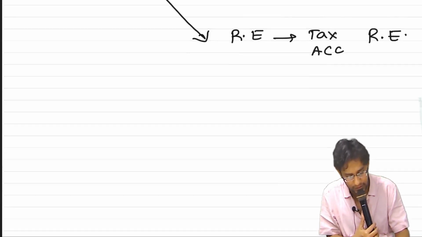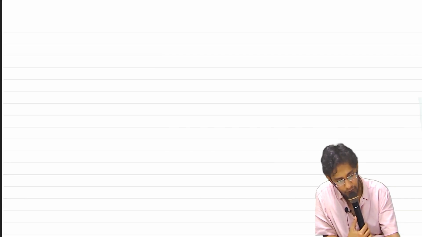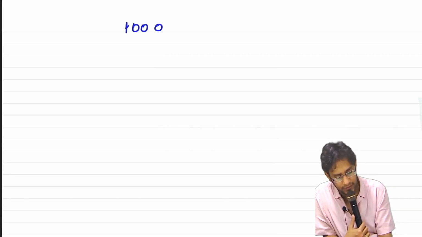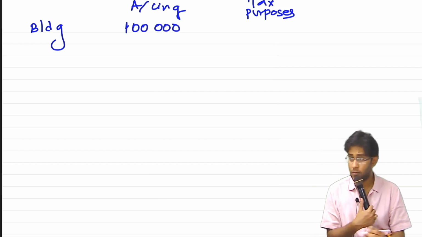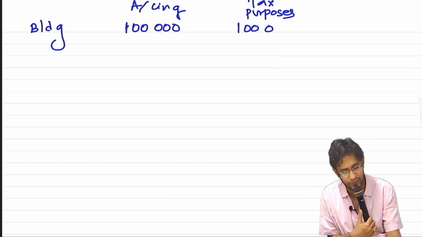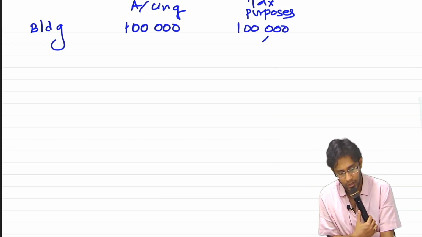Simple example for this, look at this. I purchased an asset, a building. This is as per accounting, this is as per tax purposes. 1 lakh, they also have 1 lakh. On the first day, both are the same. Then I charge depreciation.